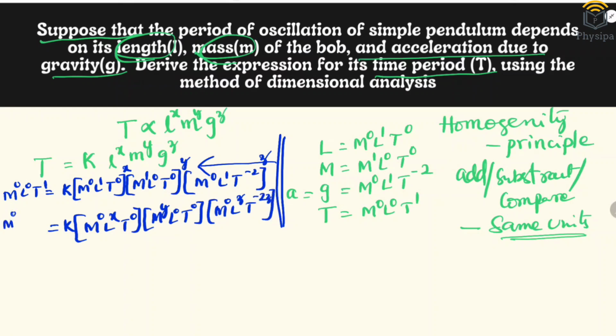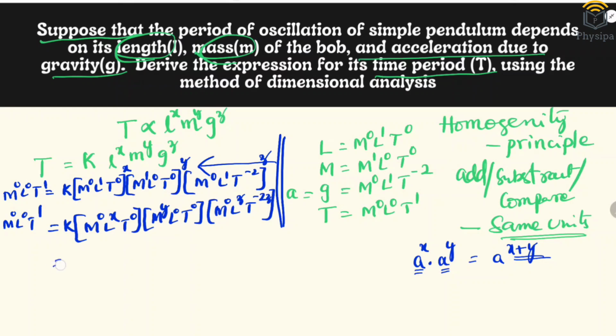Here we get M^0 L^0 T^1. Next we can use the formula a^x into a^y is equal to a^(x+y). Here bases are equal, so the powers must be added when there is a multiplication operator.